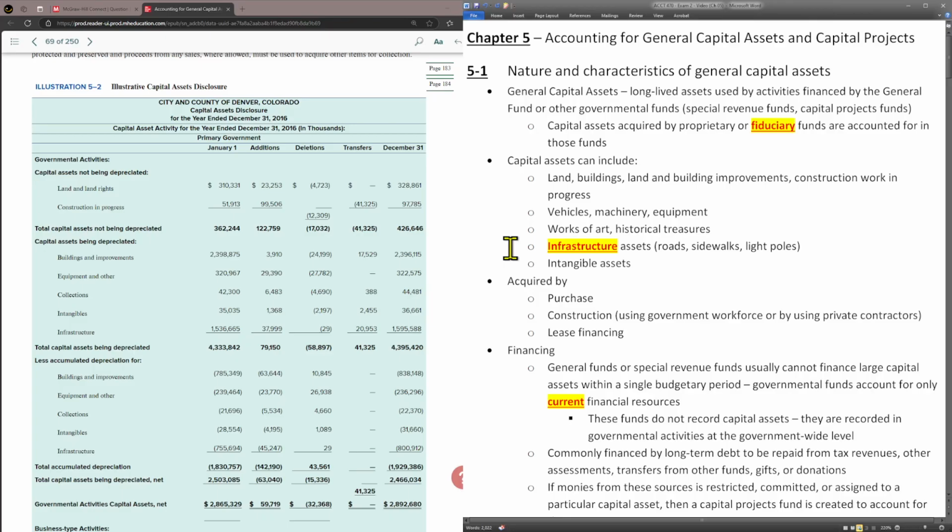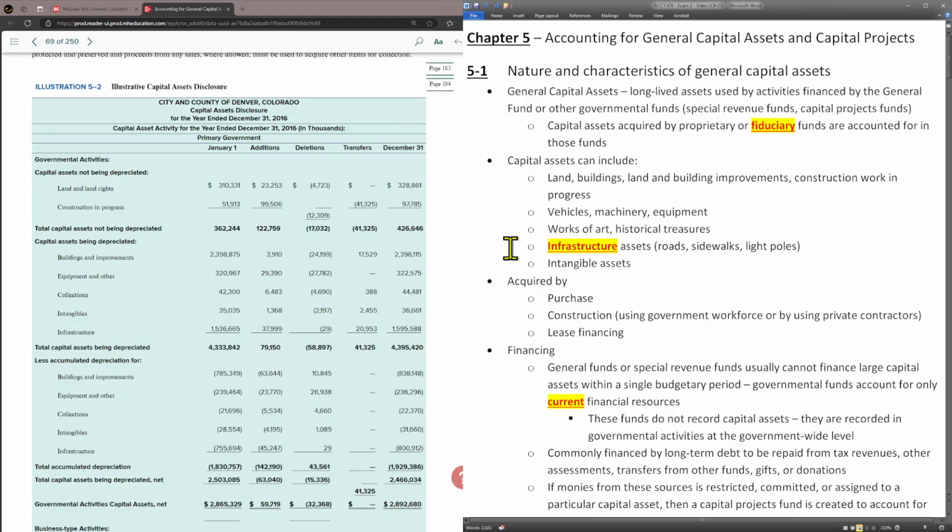Plus, a lot of this stuff you will find familiar, and as always, I'll point out where it differs from GAAP. So when we look at this, what are general capital assets? Obviously, long-lived assets. A lot of times in textbooks we say long-term assets when we're talking about GAAP, but remember that depreciation has to do with the useful life. So this is just another common term, long-lived assets.